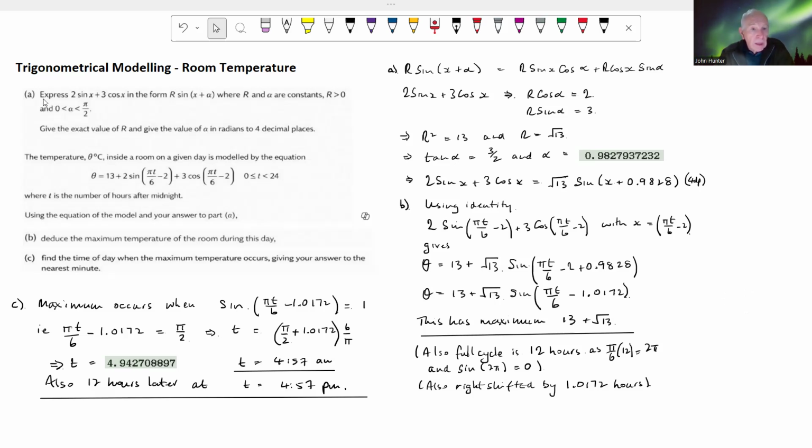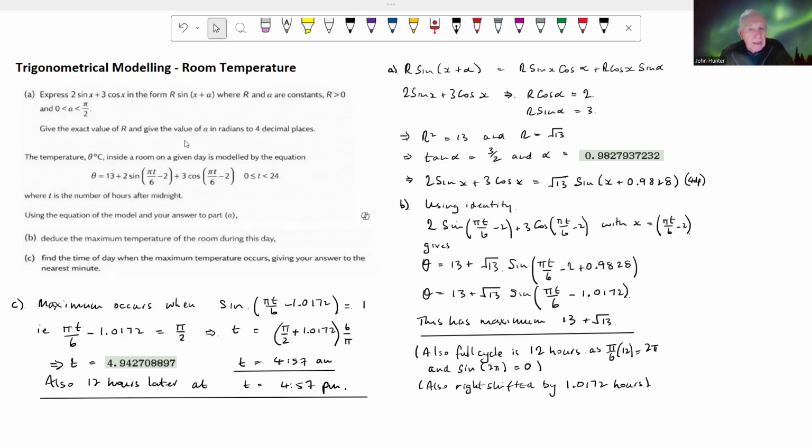This first part: express 2 sine x plus 3 cos x in the form r sine (x plus alpha). This part of the question tends to be known as the R formula, which I don't really like very much.